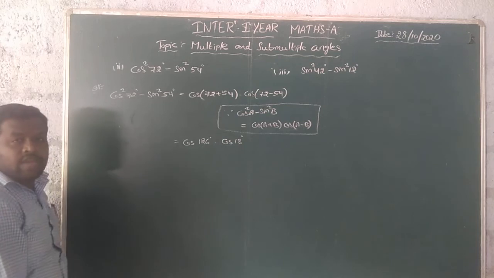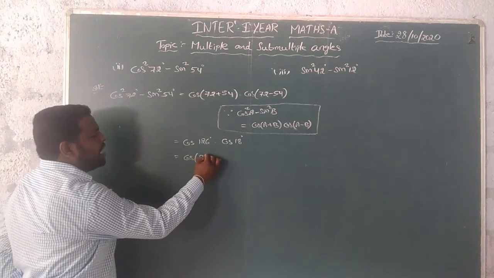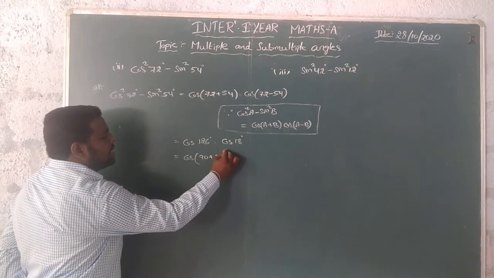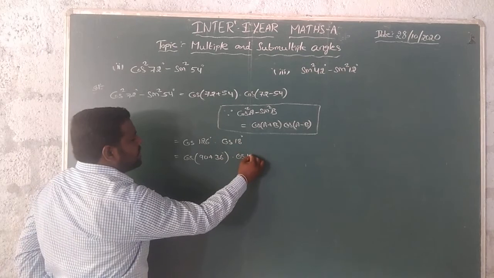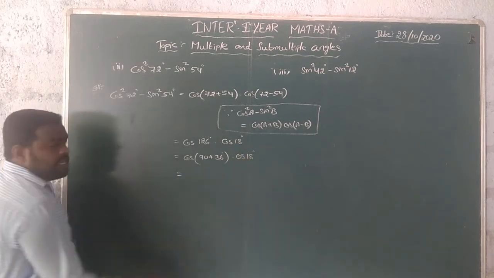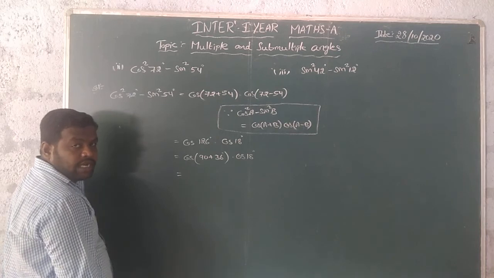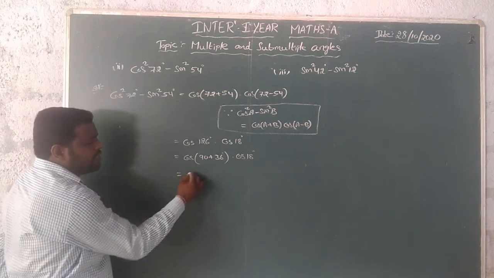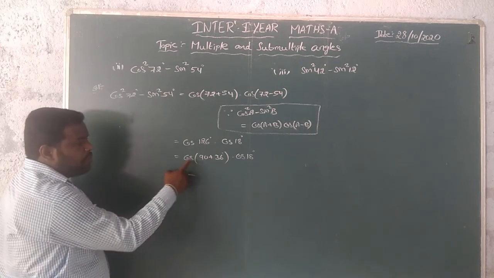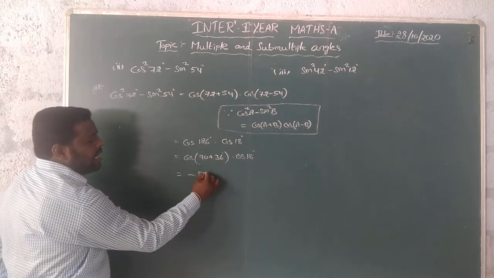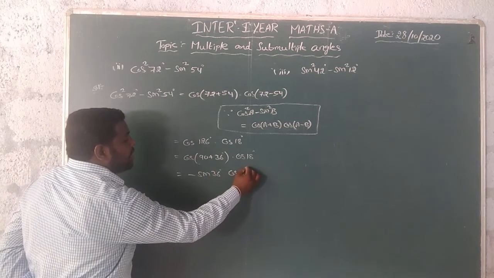Cos 126 value, we don't know the value of 126 degrees, but 126 can be written as 90 plus 36, into cos 18 degrees. Cos(90 plus theta): 90 plus theta is in which quadrant? Second quadrant. In the second quadrant, cos is negative. 90 plus theta is an odd multiple, so odd multiple means cos will change to sin: sin 36 into cos 18 degrees.